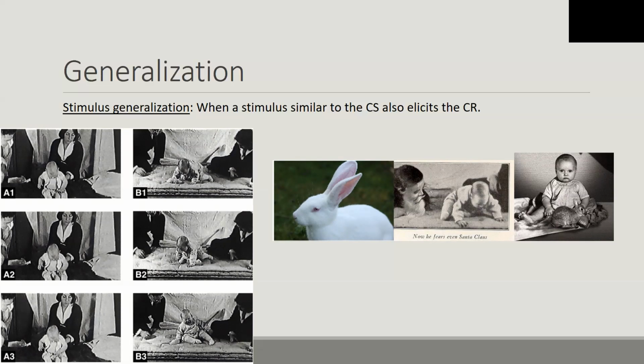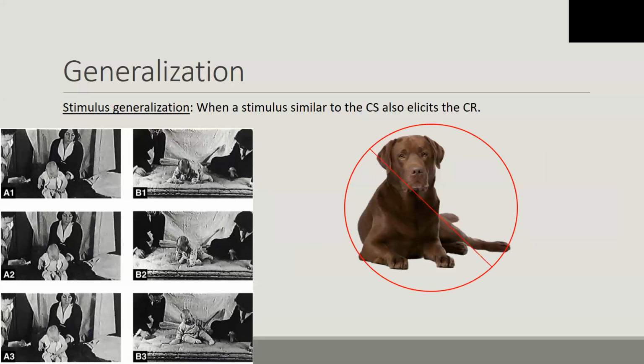But obviously there's got to be some type of line where this generalization stops. Not everything that's white and not everything that's fluffy, or not all animals, elicits this conditioned fear. When they presented little Albert with a larger brown dog, which was neither small nor fluffy really, nor white, he did not have the conditioned fear response to a larger brown dog.